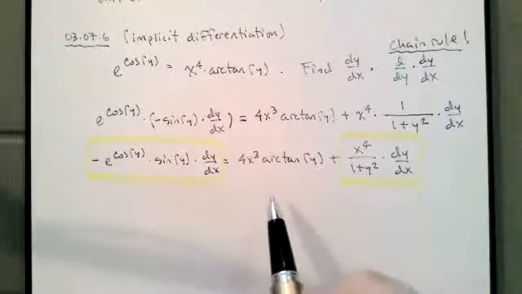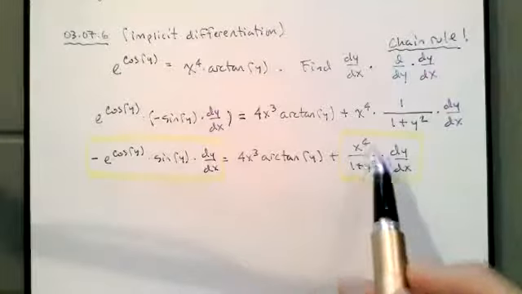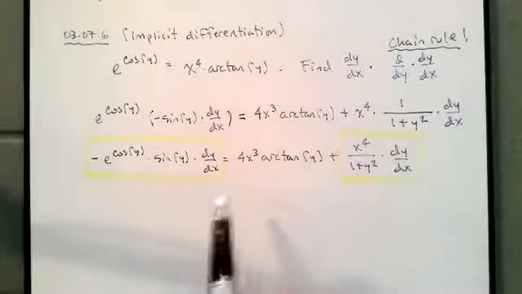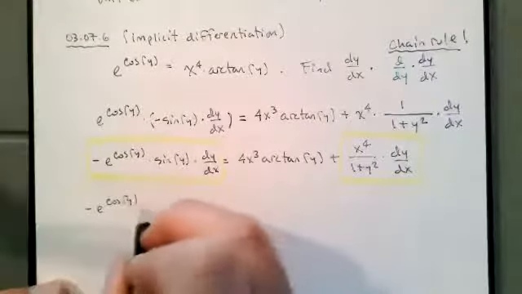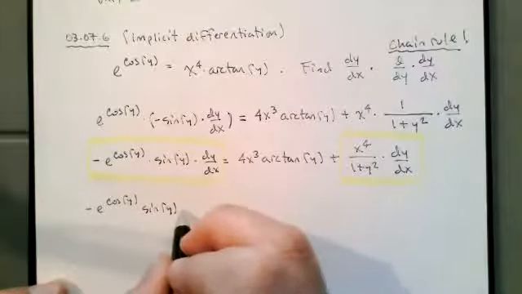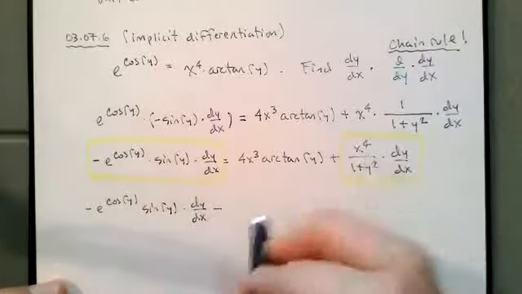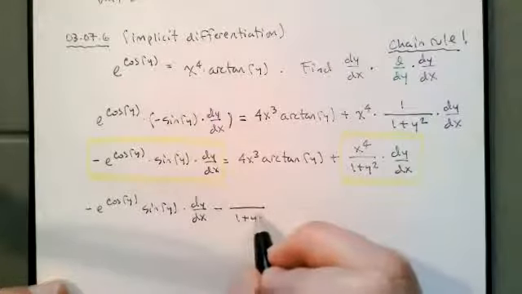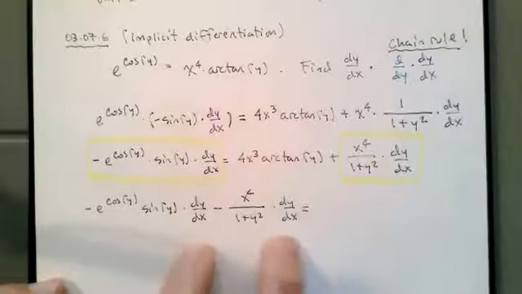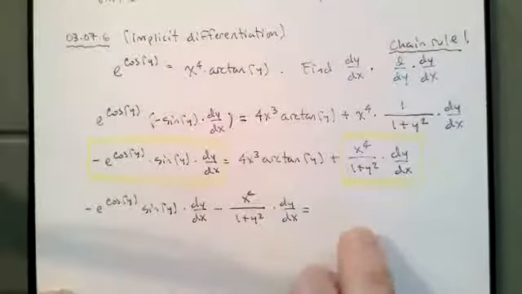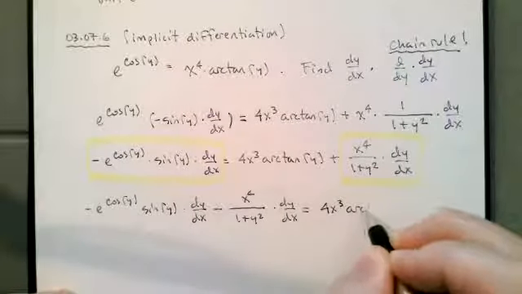I can just subtract x to the fourth over 1 plus y squared dy dx from both sides of the equation. So I'll have a minus e to the cosine y times the sine of y times dy dx. I'll subtract the x to the fourth over 1 plus y squared times dy dx. So all my dy dx terms are on one side of the equation. On the other side of the equation is just 4x cubed times arctangent y.